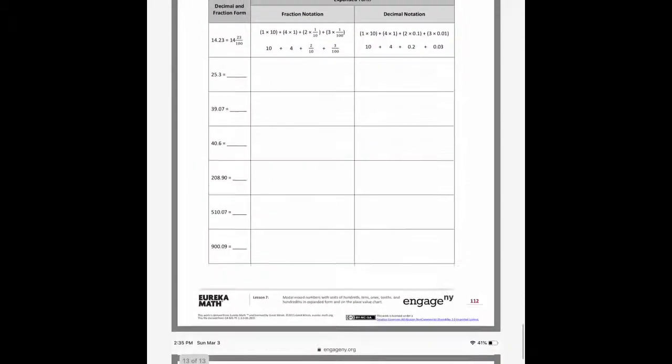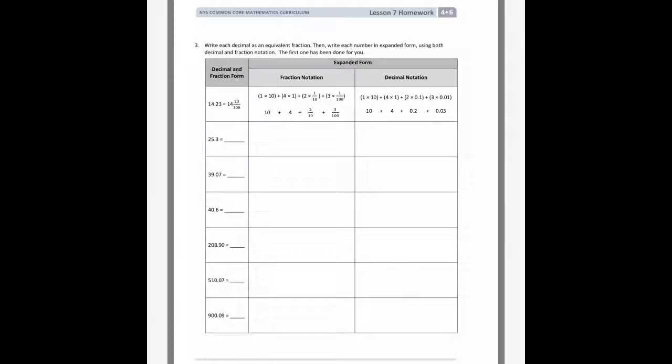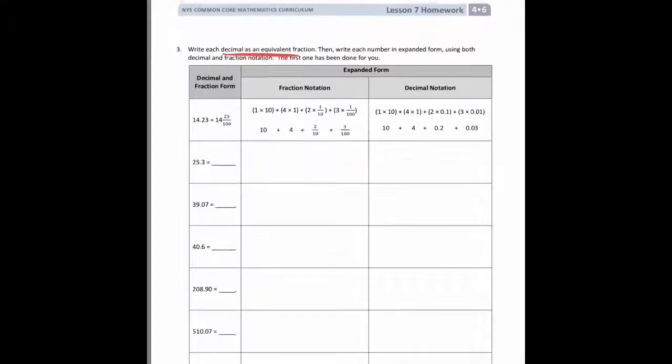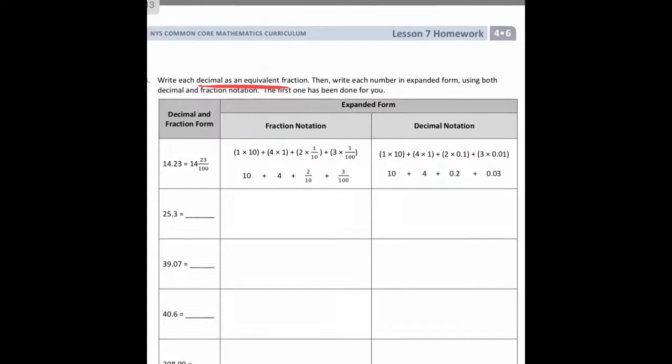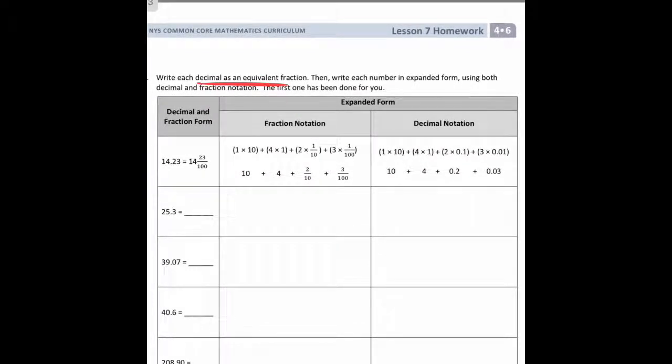Here we're going to be taking a decimal number and writing it as a mixed number with a fraction, and then we're going to do it in expanded form for fraction notation and decimal notation, which are pretty much the same thing. So let's look at this example. In this example, it looks like they took 14.23 and they turned it into 14 and 23 hundredths as a mixed number.